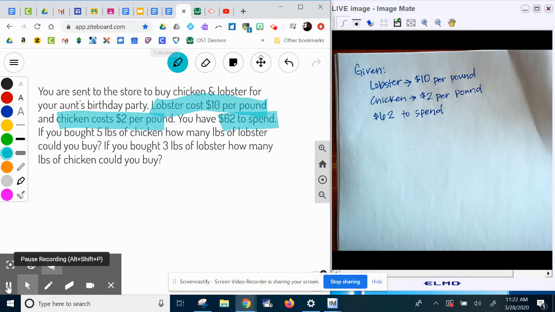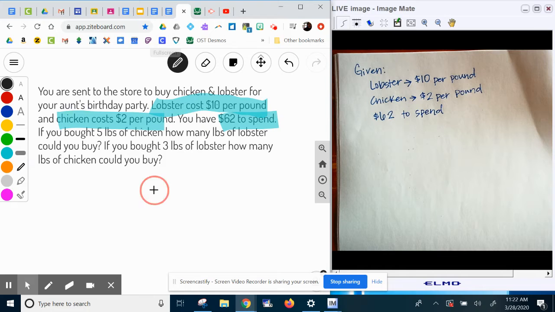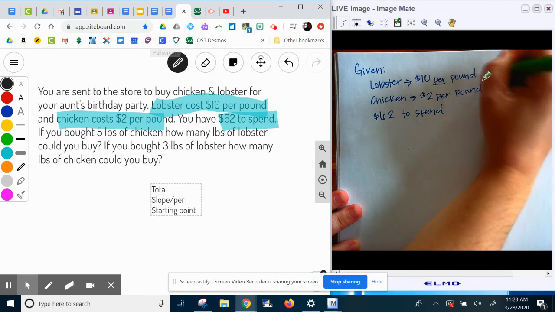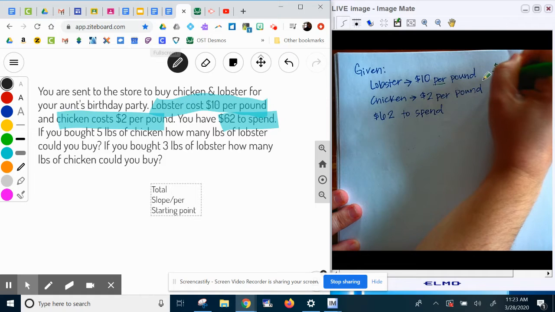Okay, so now I need to identify what these are. Are they slopes, starting points, or totals? Or I'm sorry, total, slope, using the per, or starting point. If I look at the first one, lobster is $10 per pound. Per.